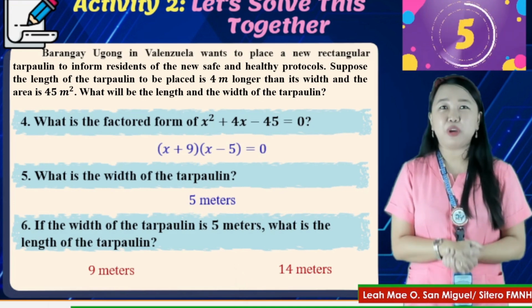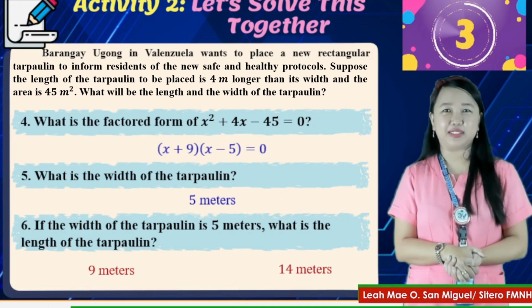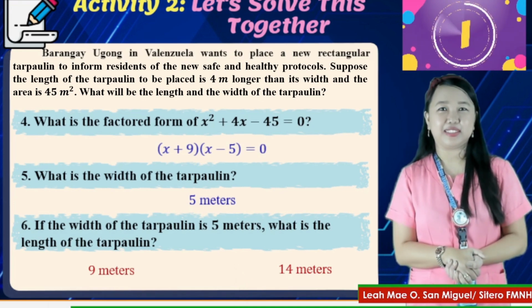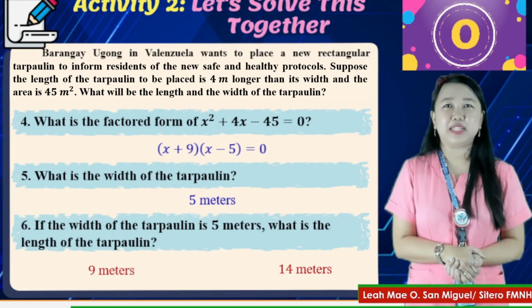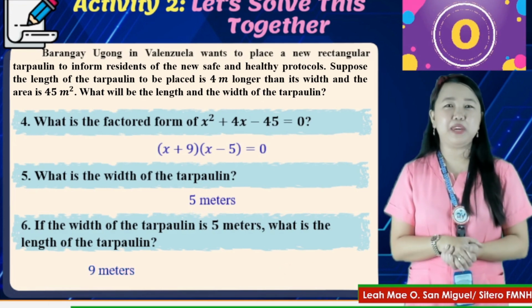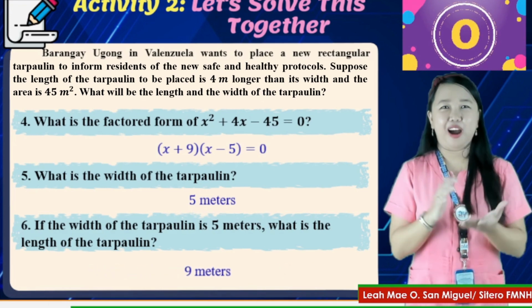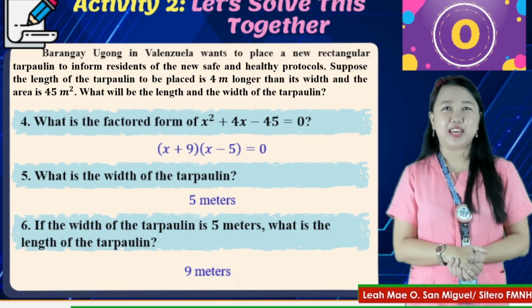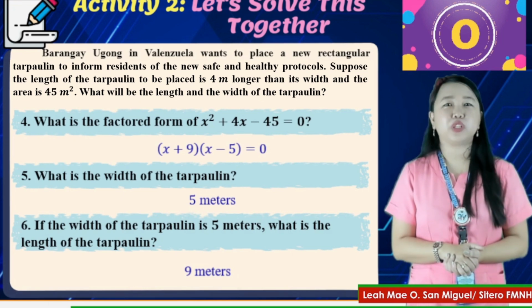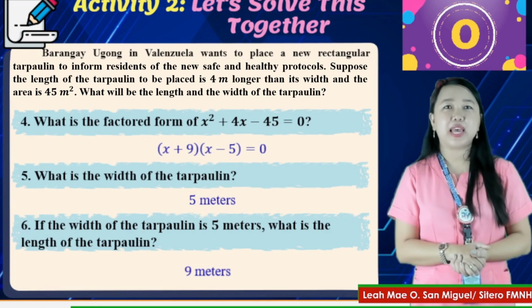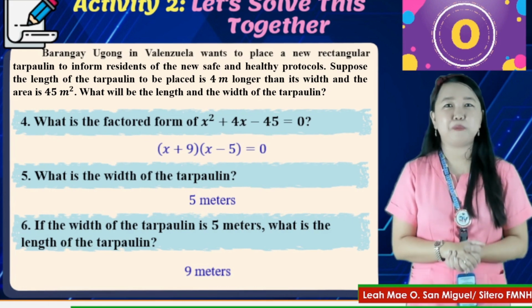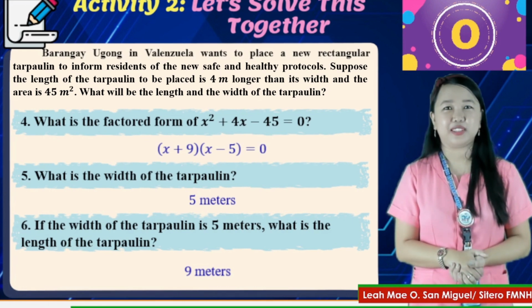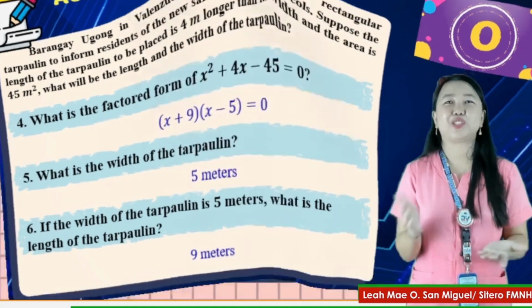Just add 5 and 4 to get the answer. Time is up. If you answered 9 meters, then you are correct. Excellent. Therefore, the width of the tarpaulin is 5 meters and its length is 9 meters. You did great, students.